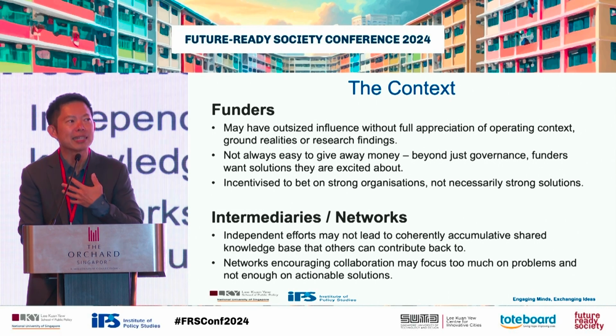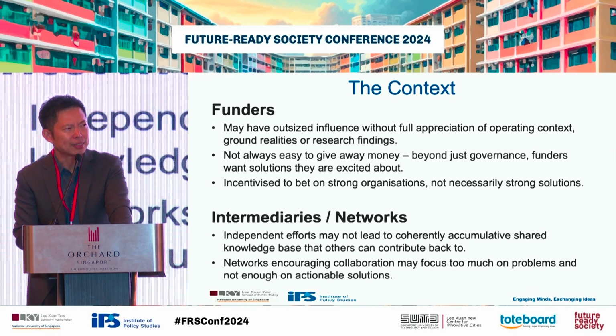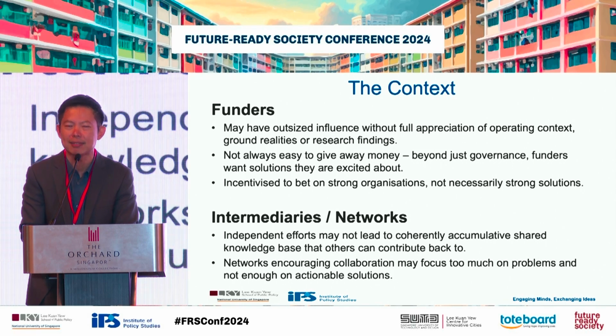And then the intermediaries like us, right? Sometimes we host collaborative networks, and sometimes the networks focus too much on problems, not enough on actionable solutions. Sometimes it doesn't lead up to a coherent accumulation that adds up over time.